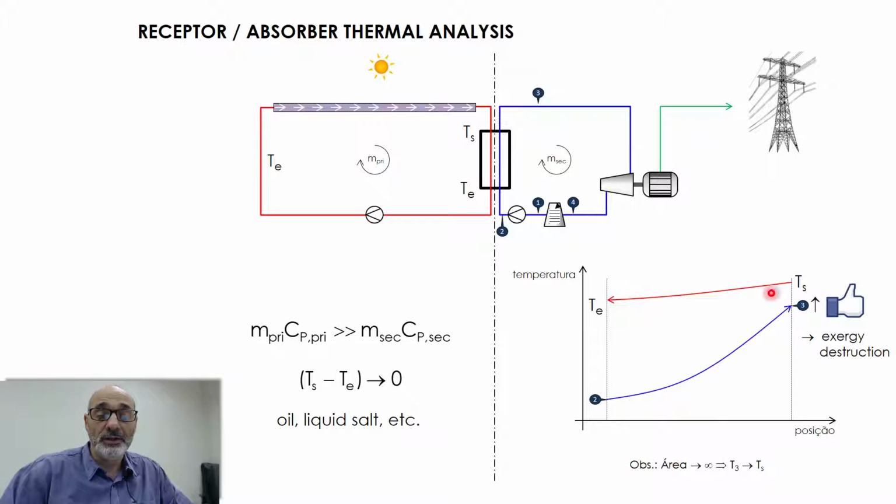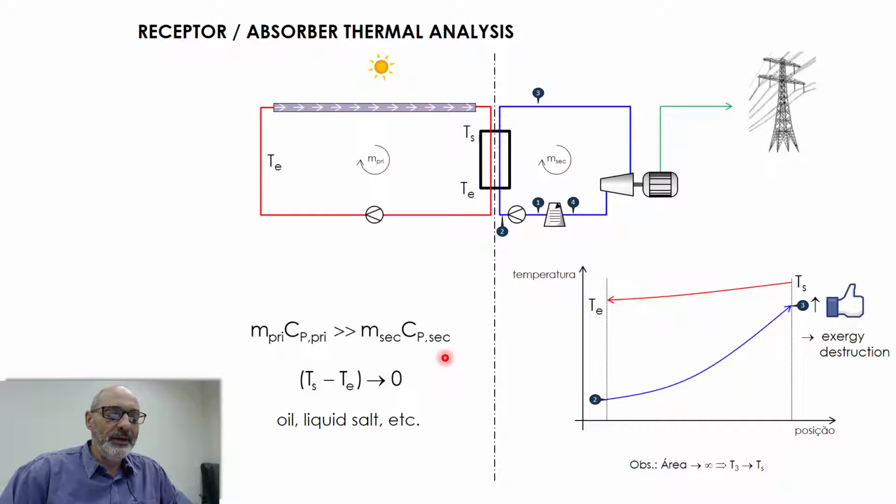This is good because it assures that the temperature at 3 is going to be maximum. And at the limit, if I have a very huge area here, T3 is going to become equal to Ts. I wrote this down: if area goes to infinity, T3 tends to Ts.